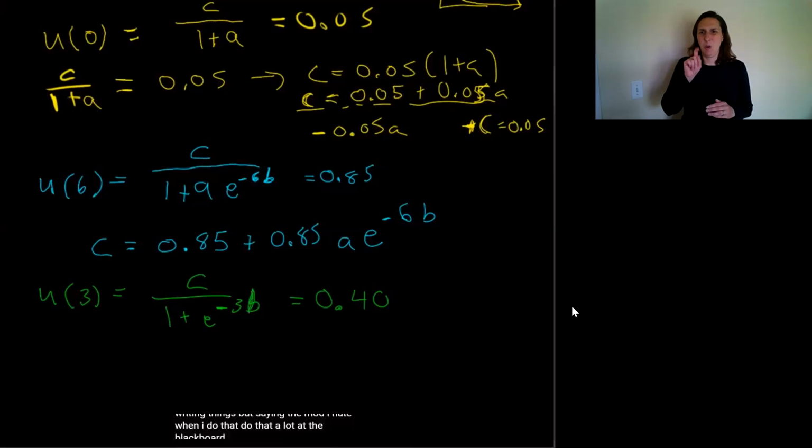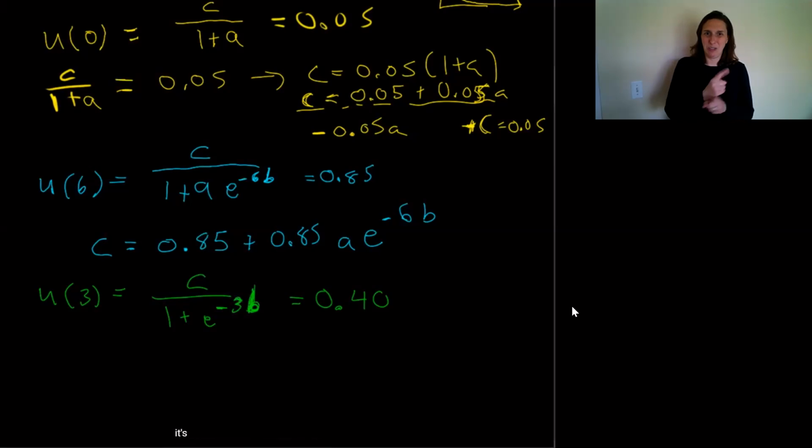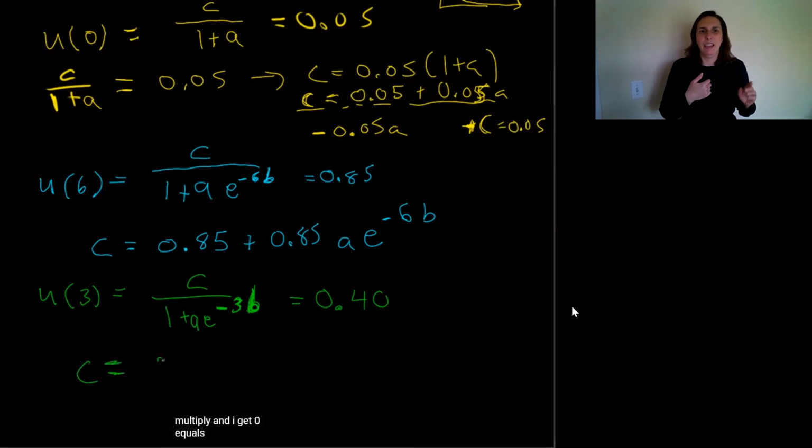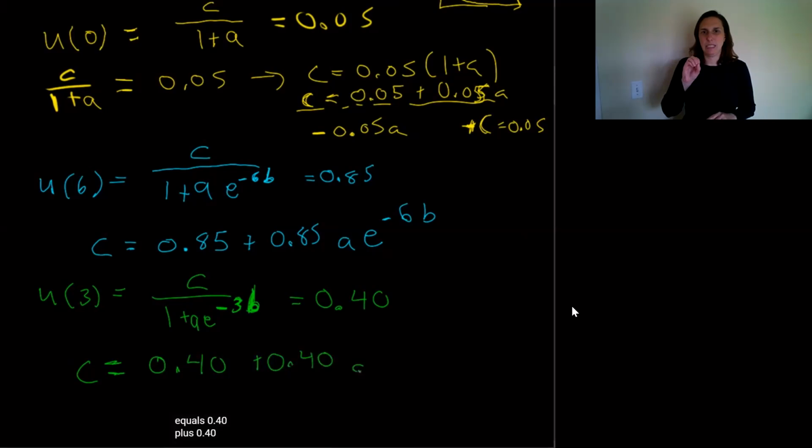I do that a lot at the blackboard, where I'll be writing it and say something different. It's funny when you analyze your thought process of what you're writing versus what you're saying. Oh, I have my a out front here. My bad. So again, I'm going to cross multiply, and I get c equals 0.40 plus 0.40a e to the negative 3b.